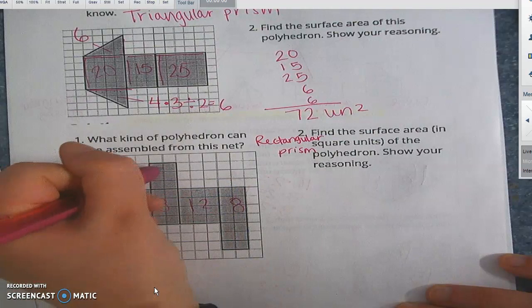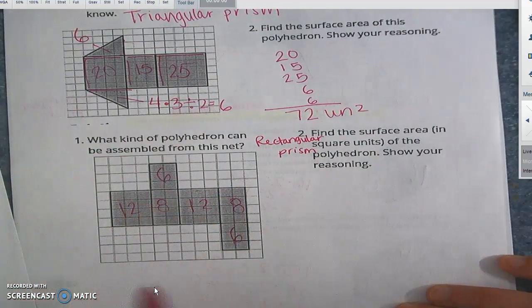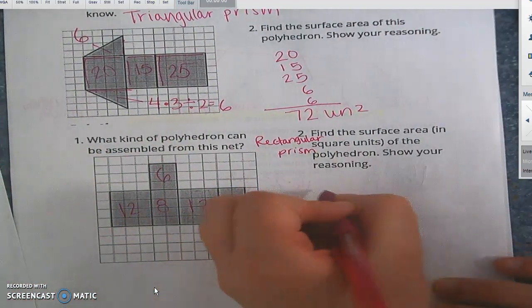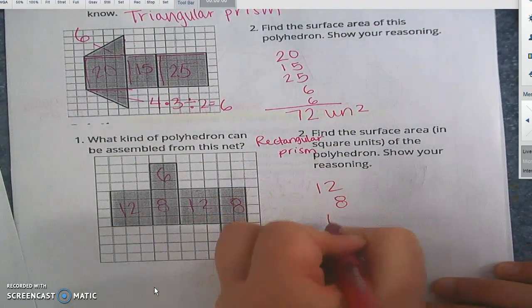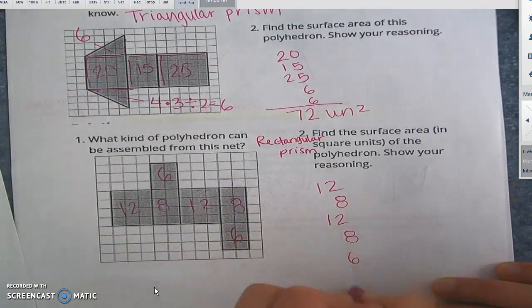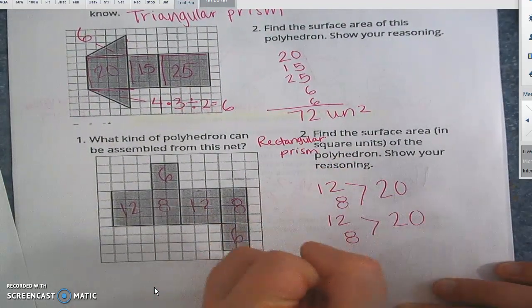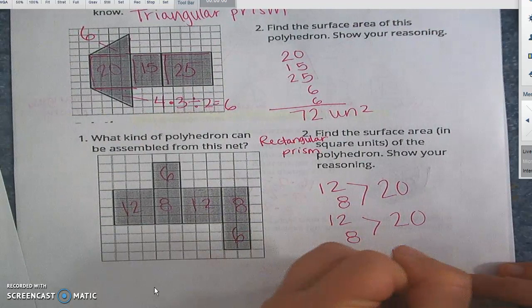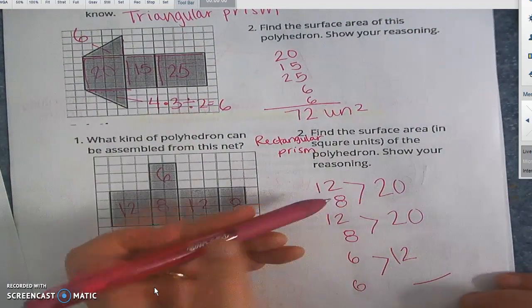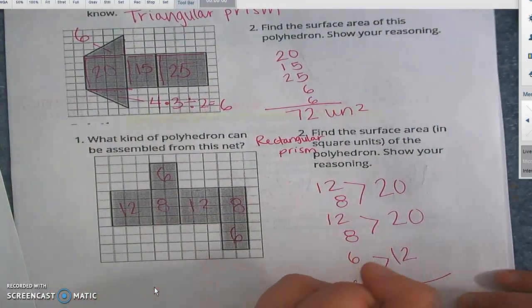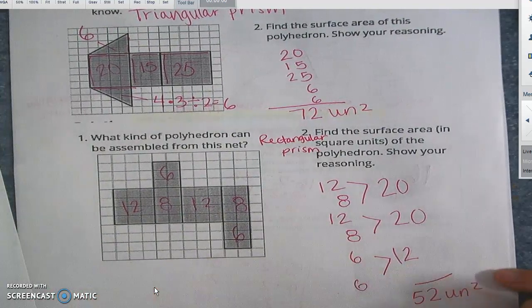And then 2 by 3 is 6. And then I'm going to add them all up. 12 plus 8 plus 12 plus 8 plus 6 plus 6. So this gives me 20, 20, and 12, which is 52 square units.